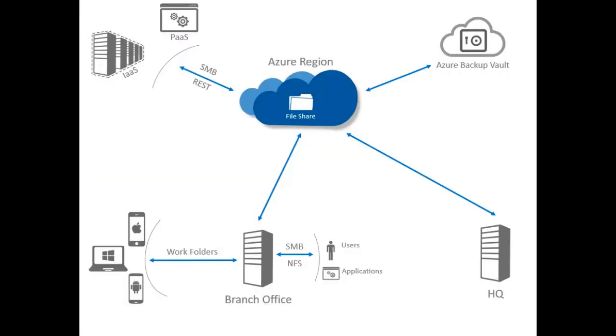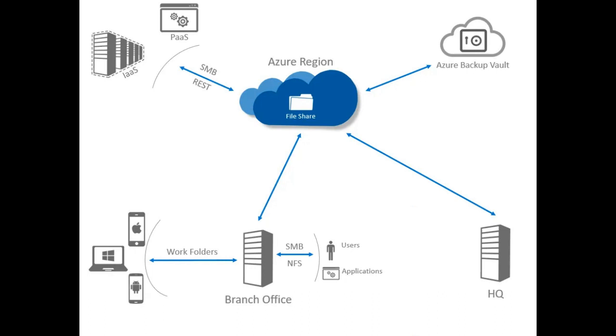So let's have a quick recap on what we've done so far. We've installed the Azure storage account, installed Azure files and configured it, installed the agent on our file server in the branch office and synced our file share up to the cloud. We have also created a backup of the file share within the cloud using Azure Backup to a recovery vault.